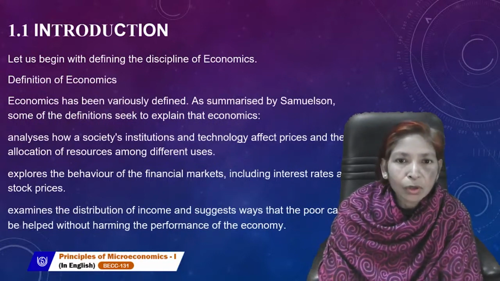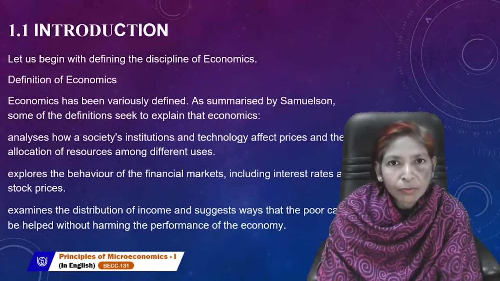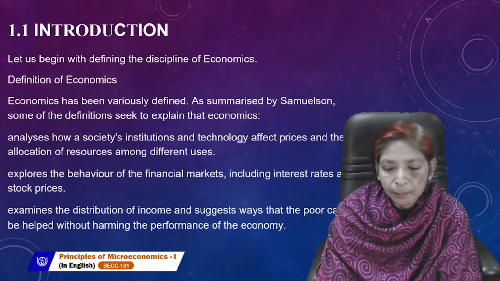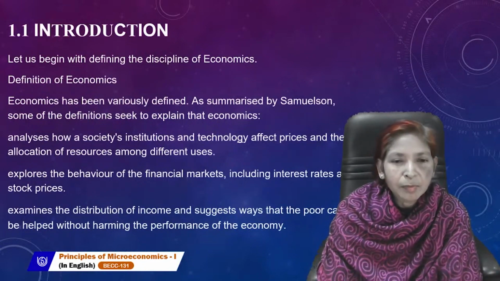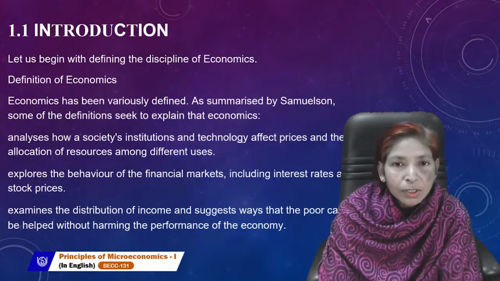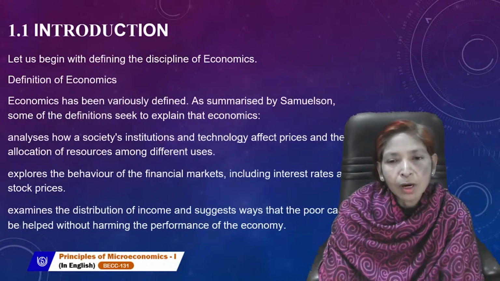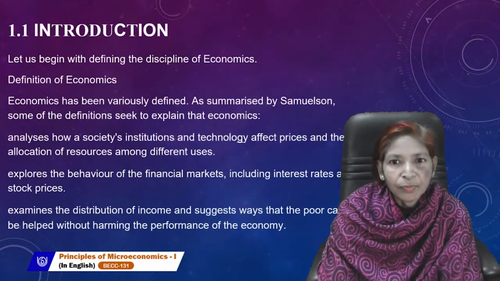As you know, the consumer wants maximum satisfaction and the producer wants maximum profit. The main aim of the consumer is to gain maximum satisfaction through minimum spending, and the producer's main goal is to earn maximum profit at minimum cost.